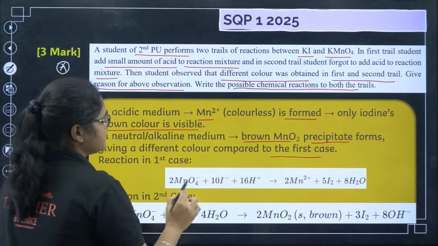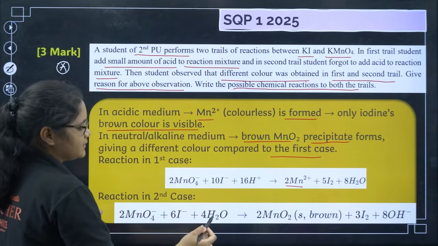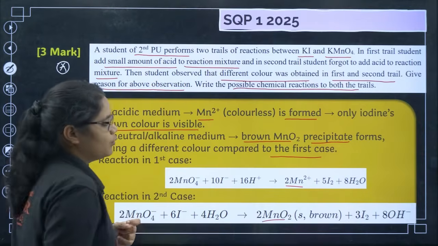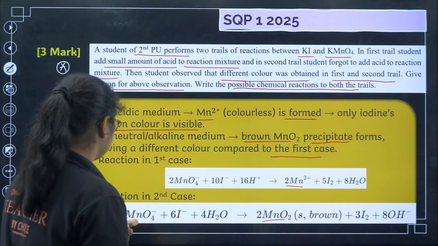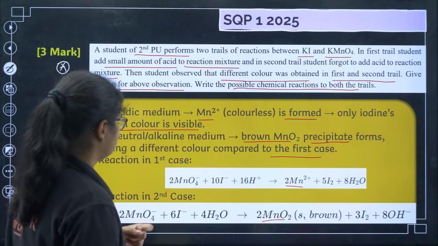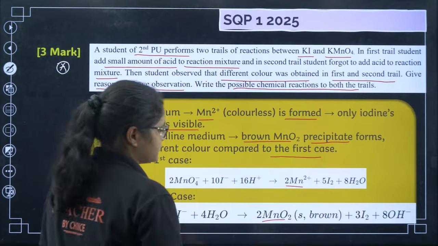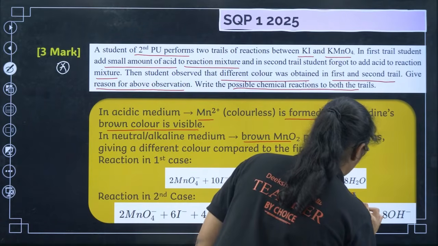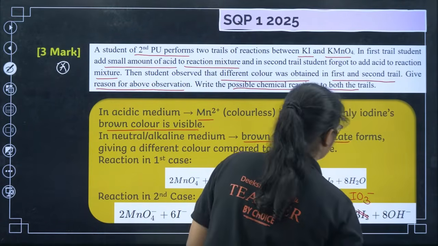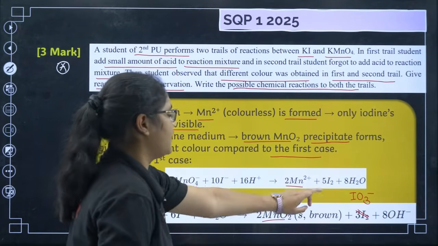In the first case, the acidic medium, you get Mn2+, and in the second case, the neutral medium, you get MnO2. Sorry, this reaction is wrong. This gives you IO3-. IO3- is formed here, and here you have I2.